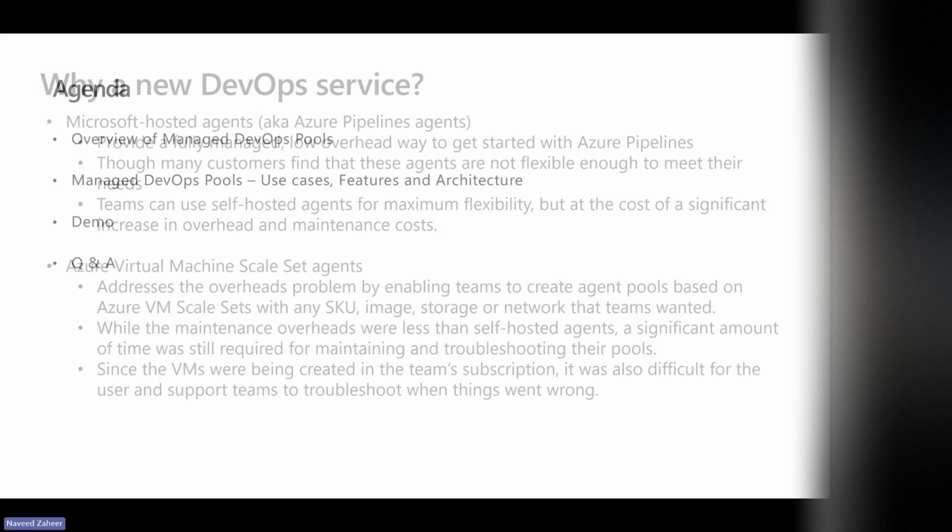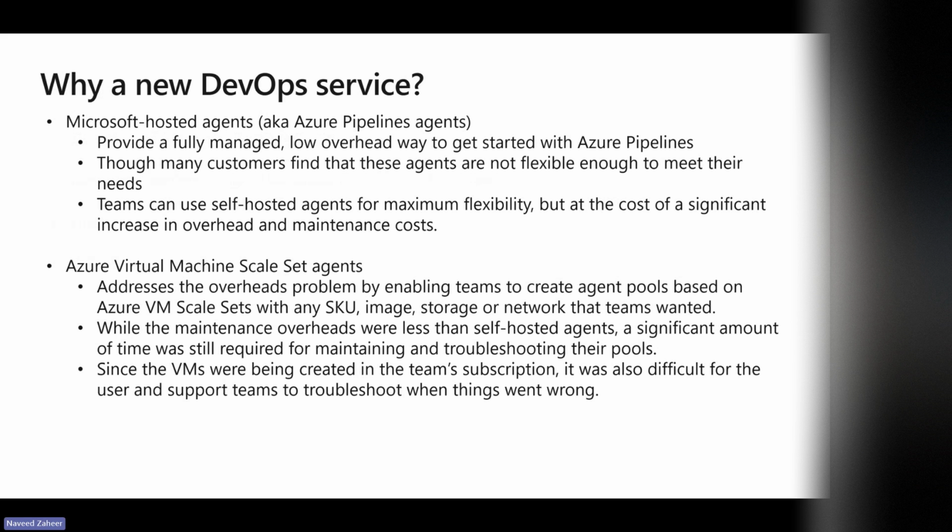Okay. So first of all, why do we need a new DevOps service? Let's spend a few minutes looking at the landscape. Right now we have Azure DevOps agents, sometimes called Azure Pipeline agents. These are Microsoft hosted agents, and you can spin those up with your pipelines.